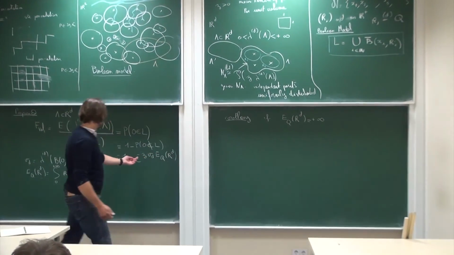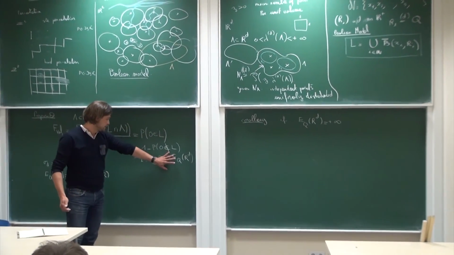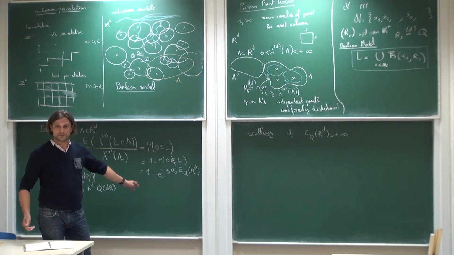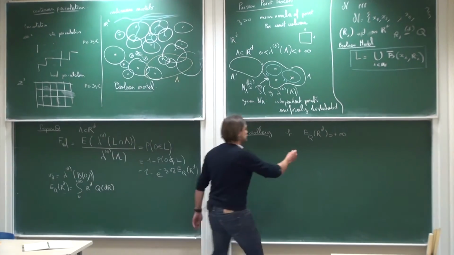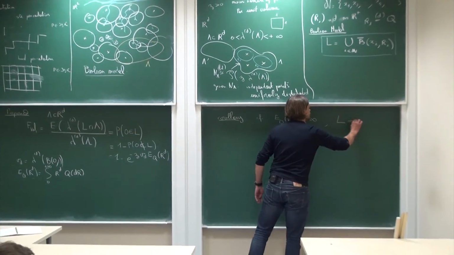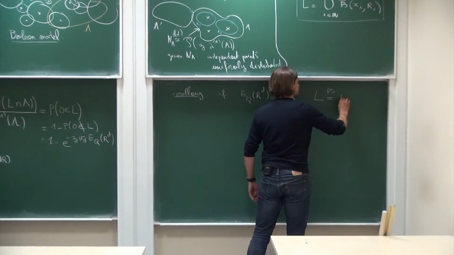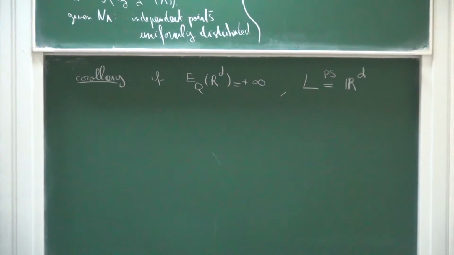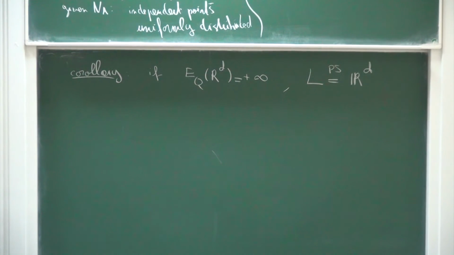What you find here is that this quantity vanishes and you have 1. But if you have 1, all the space is covered. So we obtain that L is almost surely equal to R^d. So if the law of the radius doesn't have a d-th moment, all the space is covered by the Boolean model.